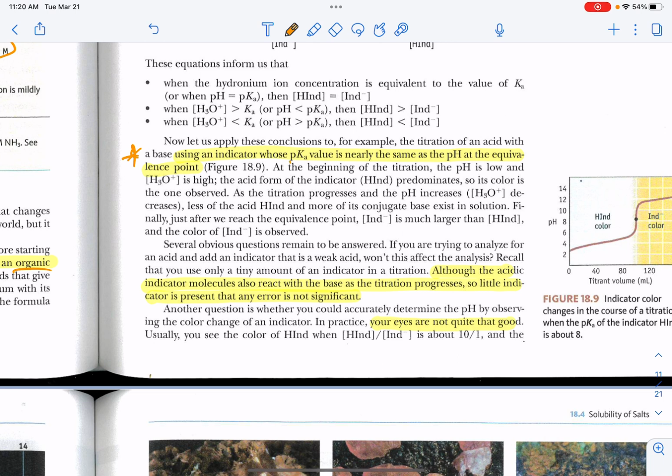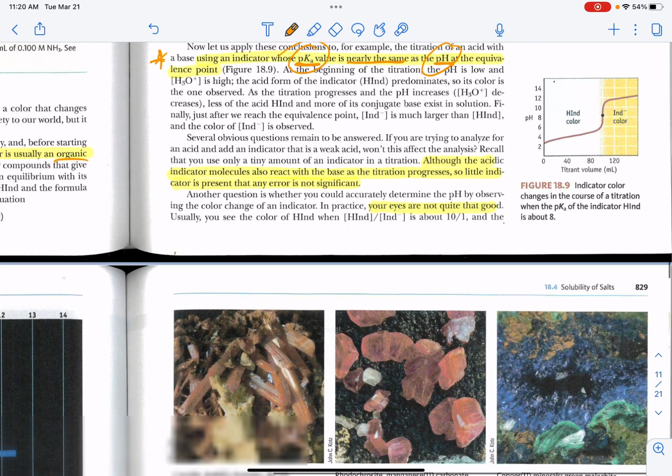Use an indicator whose pKa is nearly the same as the pH at the equivalence point. Sometimes you can know that from the literature, you can know that from prior experience. Sometimes you kind of have to do an experiment, or you can at least do an estimate with the math and choose an indicator whose pKa matches the pH. And that's on the test as well.